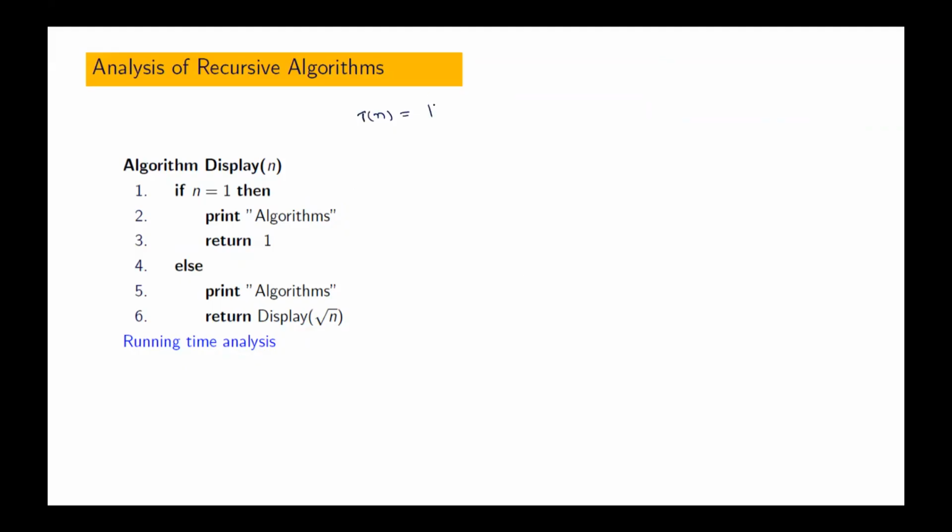Madam, that we'll see. First we do the recurrence relation, after that we can find the number of times the algorithm is printed. Let T of n be the number of times the algorithm is printed when n is input.